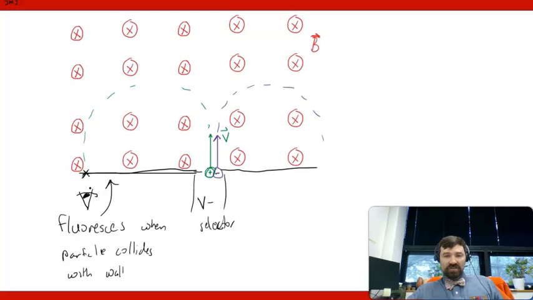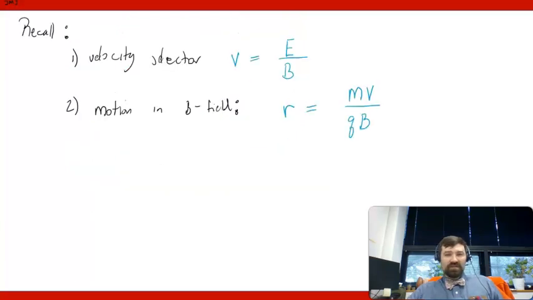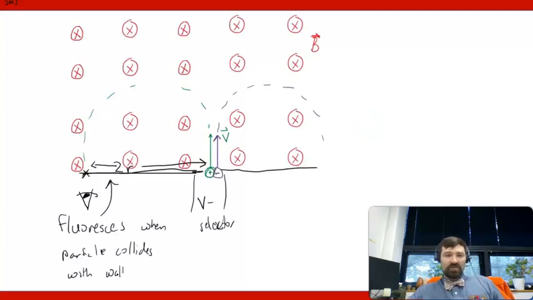If this is the entry to the chamber and this is where we're getting collisions, this distance right here is 2 times the radius. So we would be able to write that 2r is 2 times mv over qB.